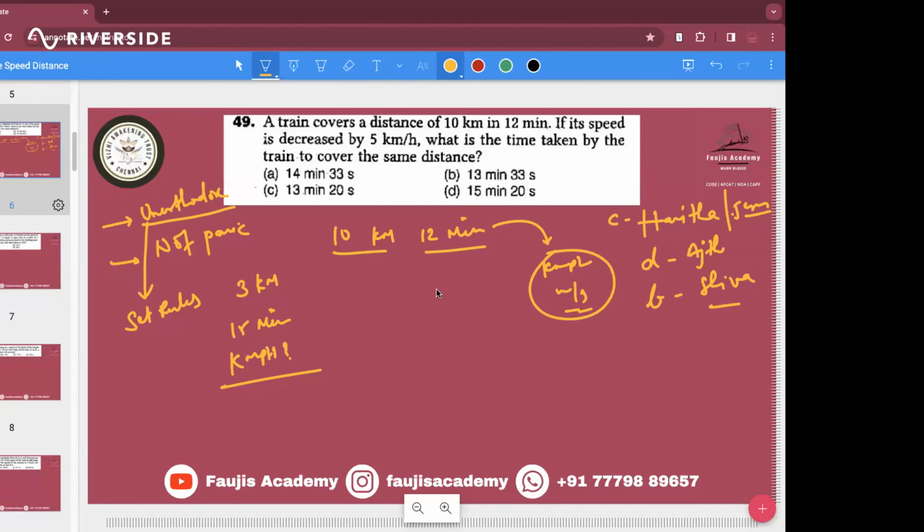You have to appreciate the fact that over here it is 12 minutes, and if we find out in 60 minutes, we'll get the speed per hour. So this is how much? Into 5. So if we do the kilometers also into 5, we'll get the speed 50 kmph.